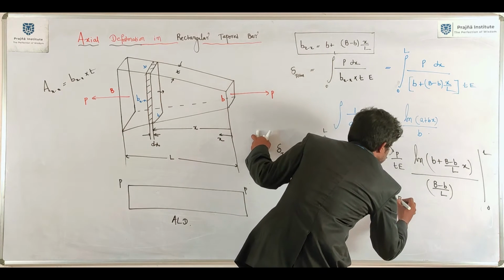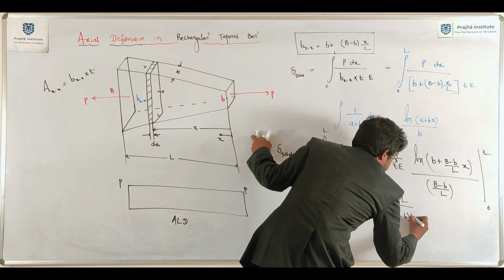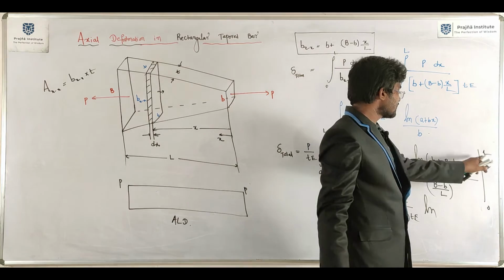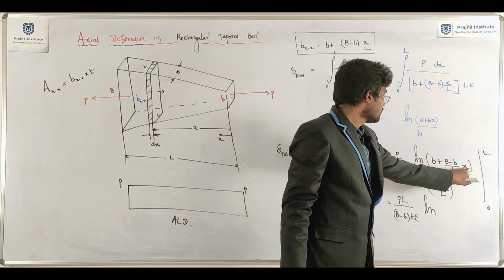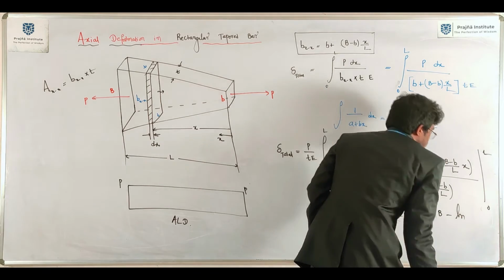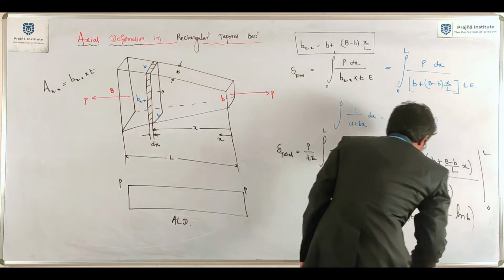Here you will get PL by (B minus b) into t, ln. If you substitute x equal to L, you will get B, ln B minus, once you substitute 0, small b, you will get it.